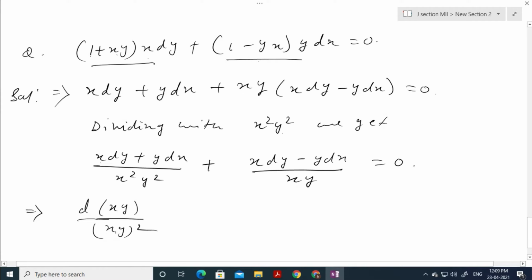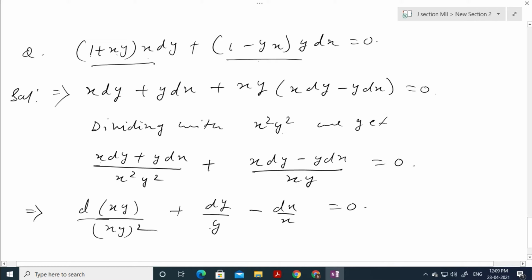Denominator as it is, (xy) whole square. And the other one, when I simplify, I will get dy by y, and the other term will be minus dx by x is equal to 0.